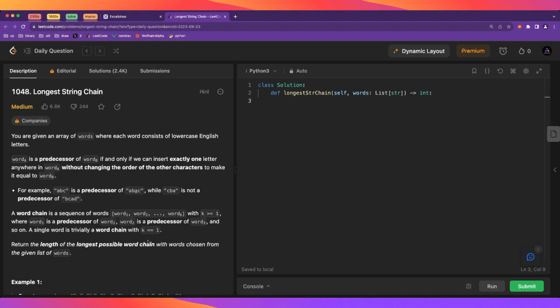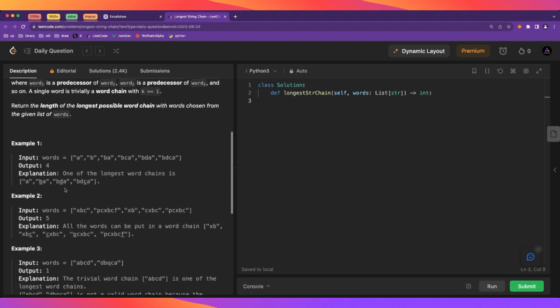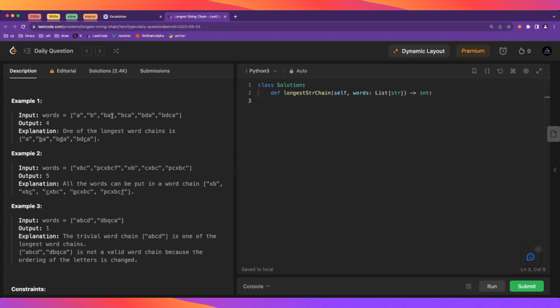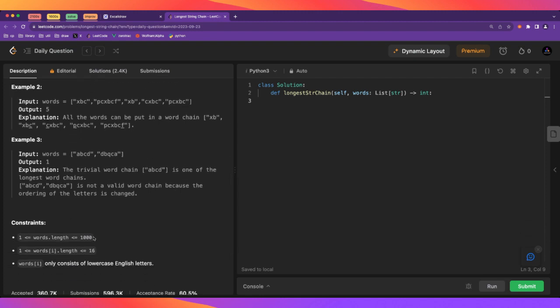Return the length of the longest possible word chain with words chosen from the given list of words. And we get 3 examples, A, B, BA, and so on. And they're up to 1,000 words, and each word is of length up to 16. And like they said, they only consist of lowercase English letters.